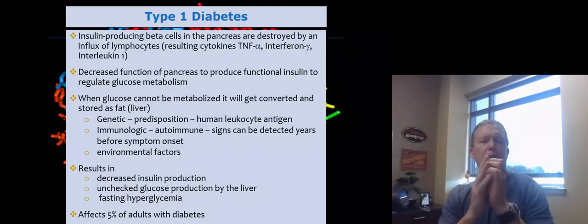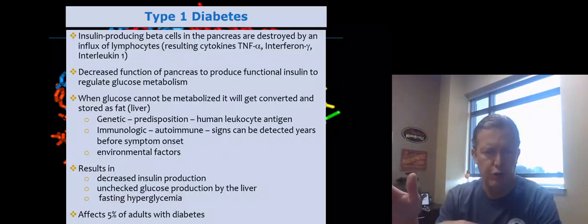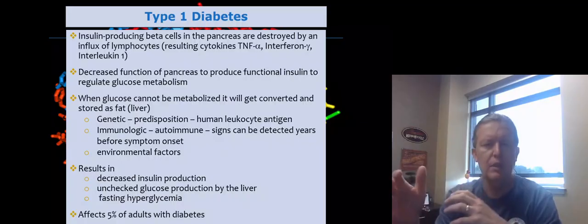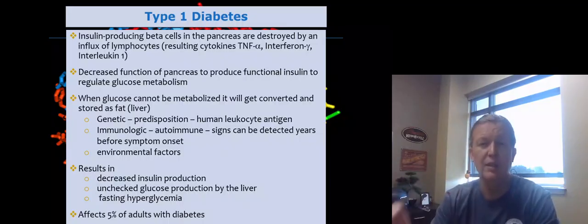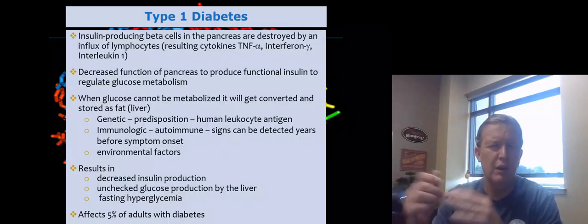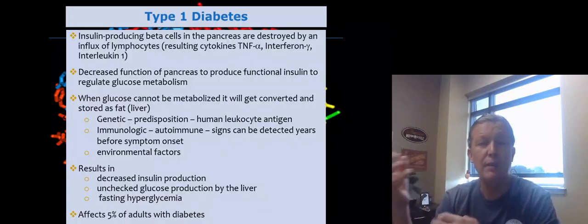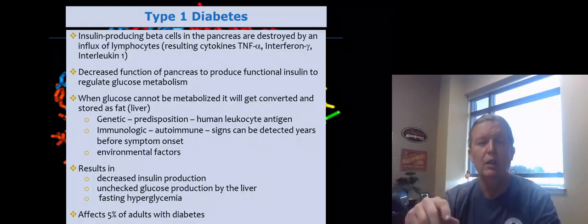So to recap here, type 1 diabetes is when insulin producing beta cells are destroyed, usually as a response to some kind of immunologic response, which elicits the response of cytokines, TNF alpha, interferon, interleukin, those type of cytokines that we talked about earlier in the respiratory section that mediate inflammation.